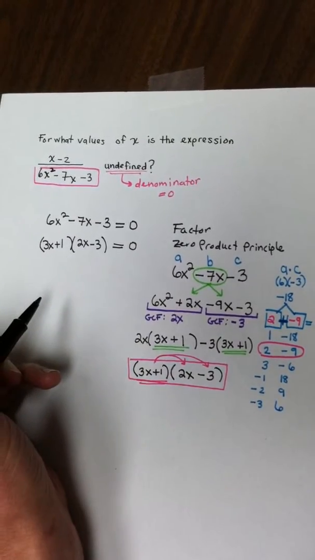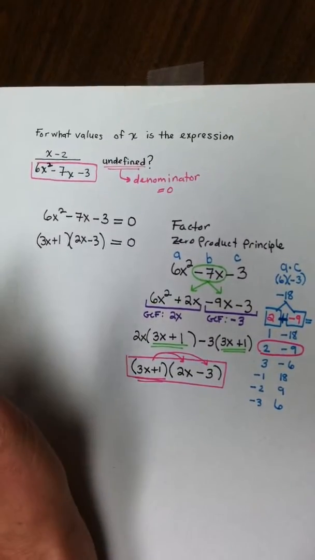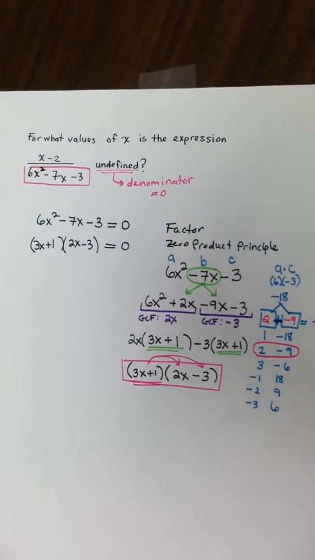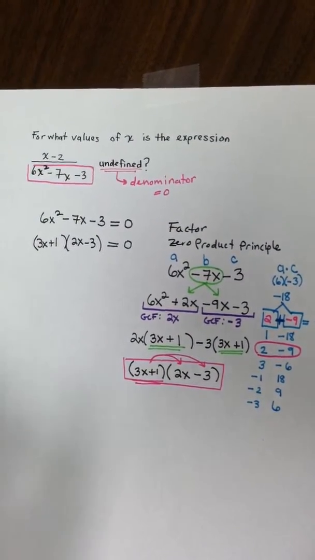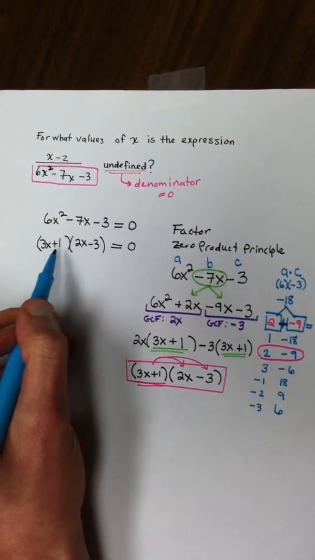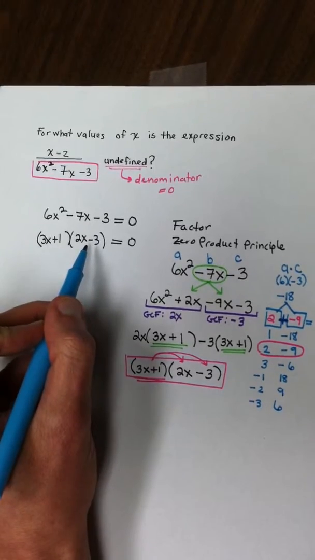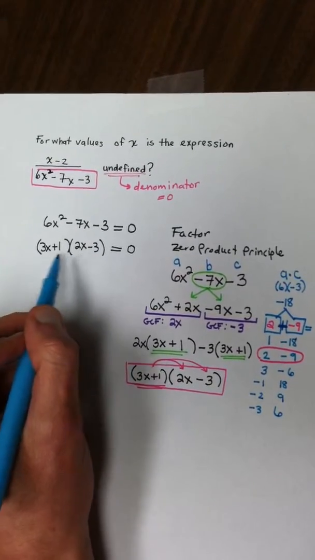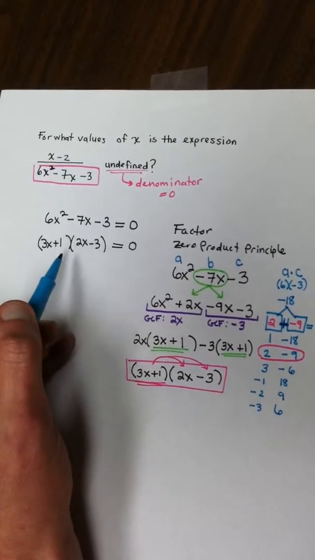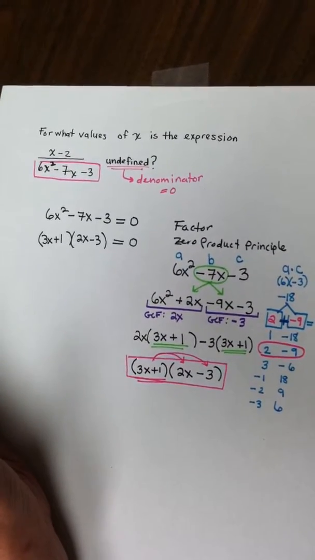Now, I'm going to employ something called the zero product principle here, which is a super nifty principle. Basically, it says if I multiply two numbers together, and a binomial is just a number, and the answer is 0, I'm guaranteed that one of these numbers had to be 0.